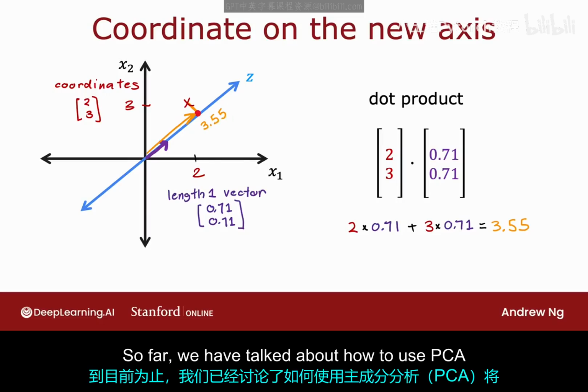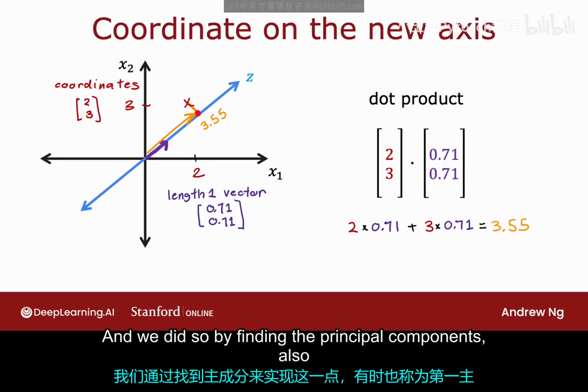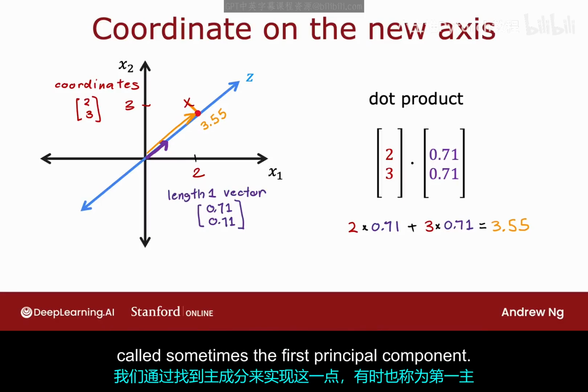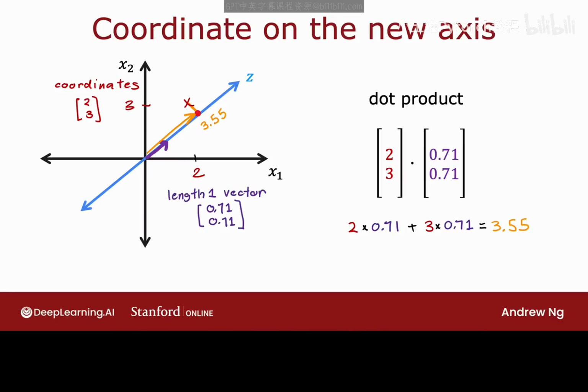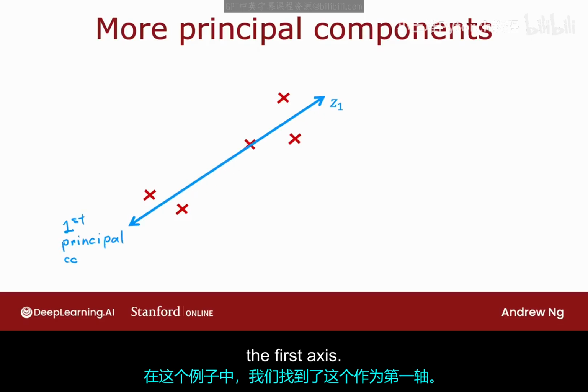So far, we have talked about how to use PCA to reduce data down to one dimension or down to one number. And we did so by finding the principal component, also sometimes called the first principal component. And so in this example, we had found this as the first axis.